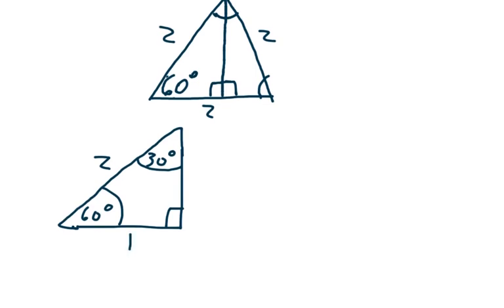Okay, well, how do we get the remaining side? We use the Pythagorean Theorem. Let me call this side B, just for fun. So what do we have? We have 1 squared plus B squared is equal to the hypotenuse, which is 2 squared.